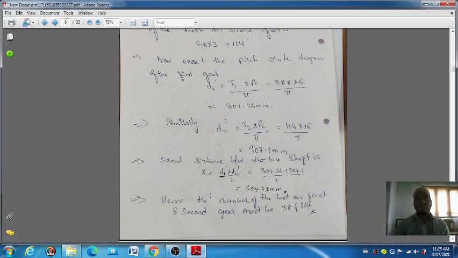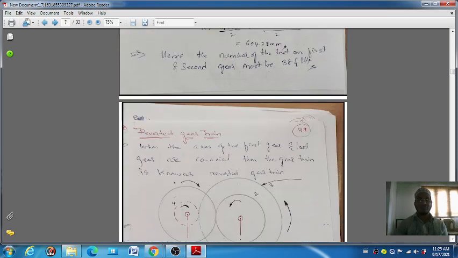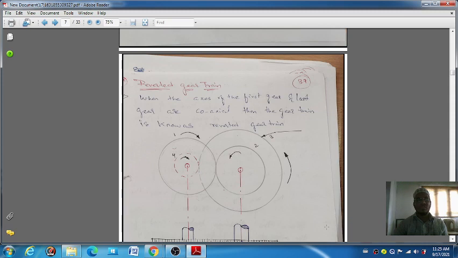If the value comes out approximately right, it means whatever we assumed is correct. The next topic is the reverted gear train.